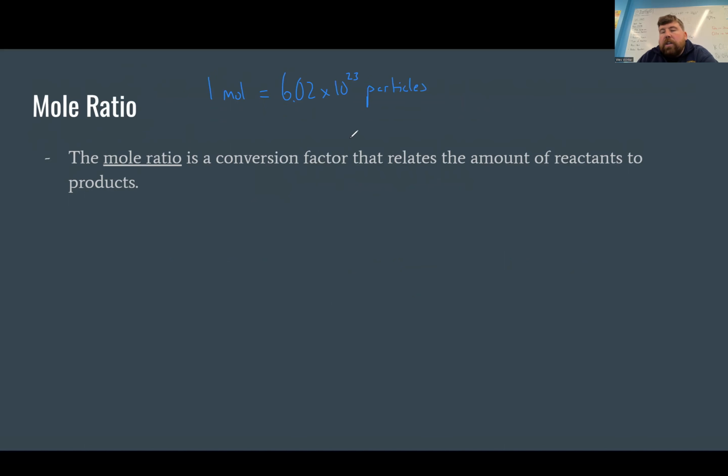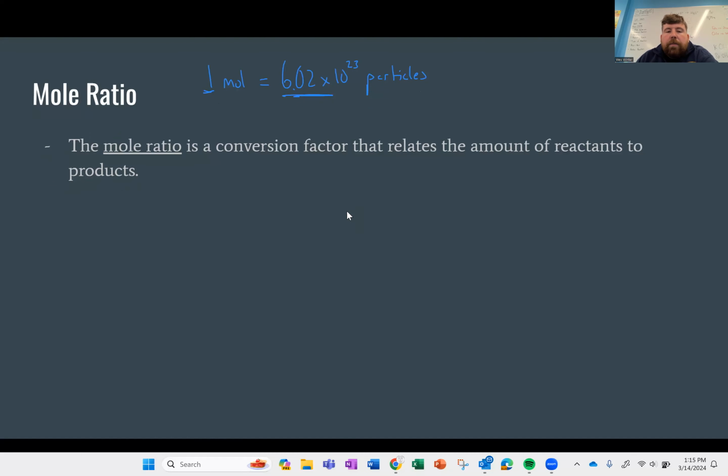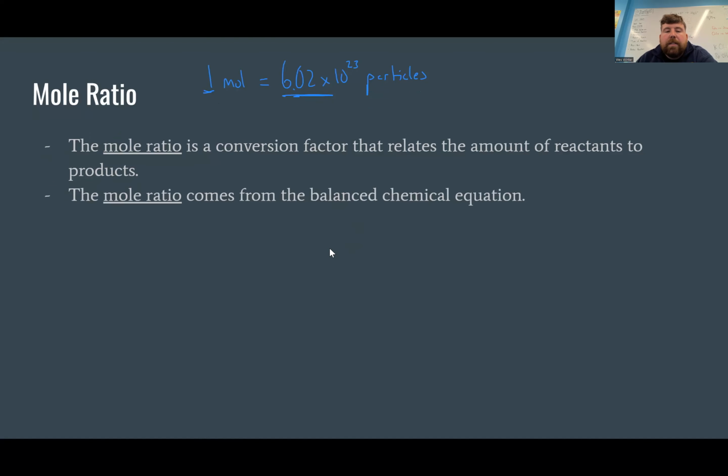Since the ratios are always going to be 1 to 2 to 3, depending on what the coefficients are, and since 1 mole is equal to this number, we can also use the molecule ratio as if it were a mole ratio. The mole ratio is a conversion factor that relates the amounts of reactants and products to each other. The mole ratio comes from the balanced chemical equation.